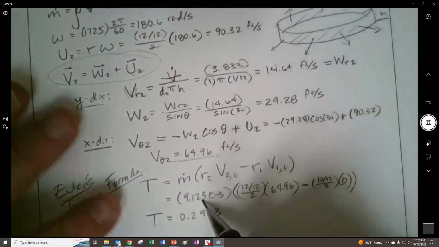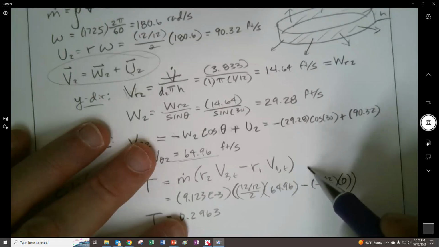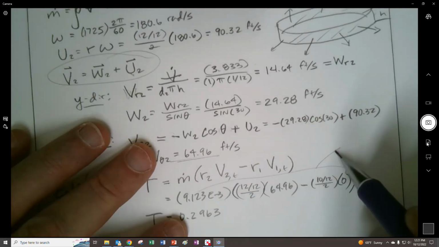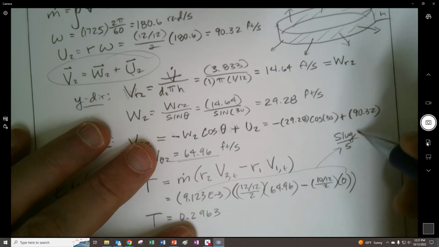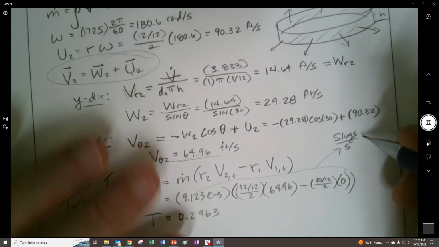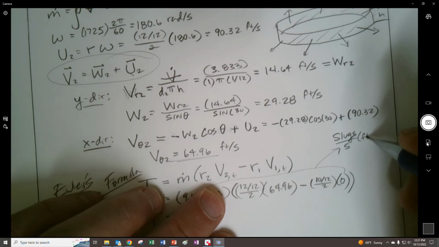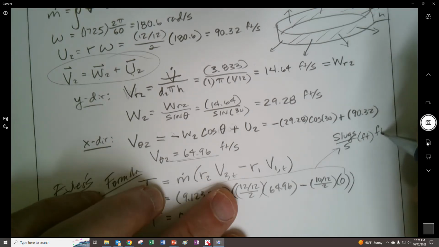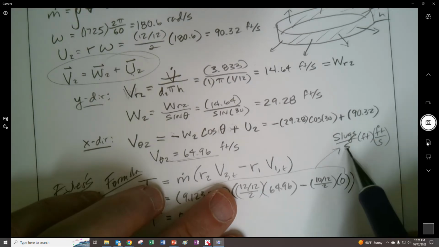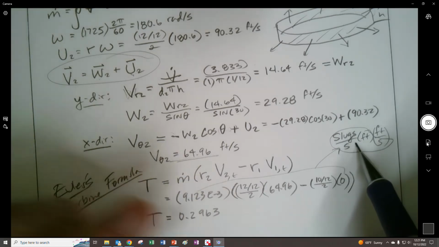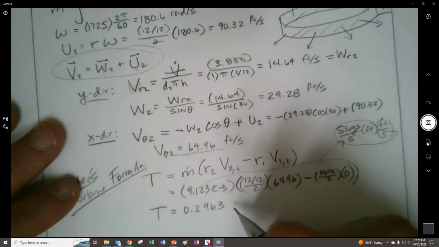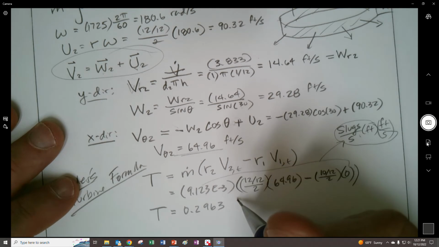And by the way, I'll put this up to the side: these are slugs per second times feet per second. So that's slug foot per second squared, which turns into a pound feet, or foot pounds, as I like to call them.